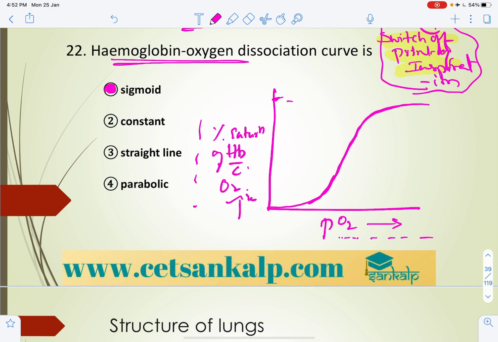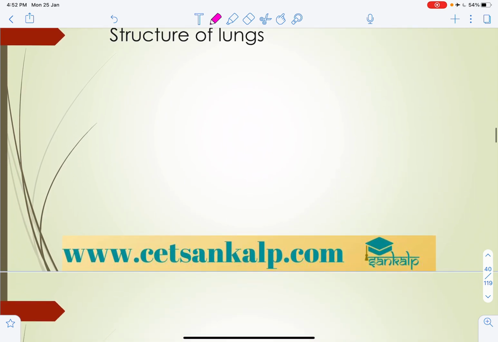When it maintains the level, it stops and reaches 100% saturation, where there is no availability of hemoglobin, or the saturation level is reached. This gives the sigmoid curve.